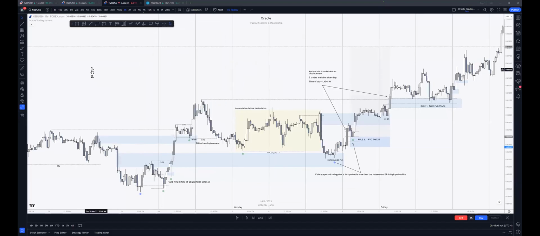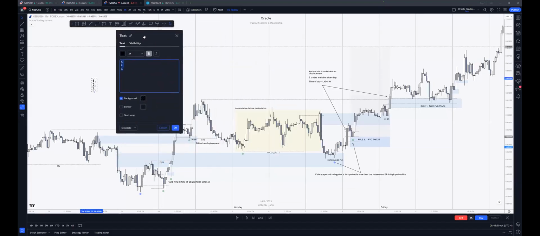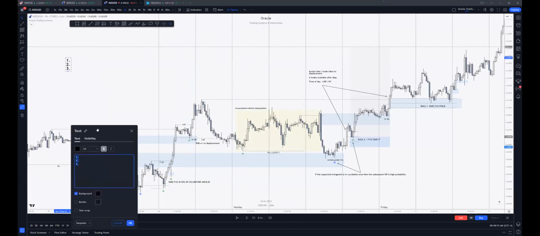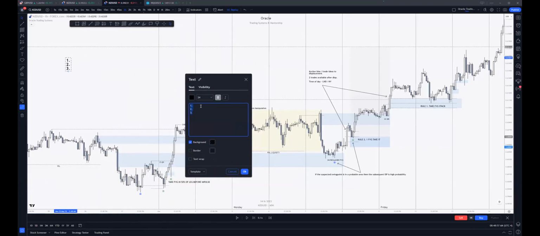But let's see here. What are the three major pillars of what we're doing here? Liquidity. Yep, liquidity. Draw and next draw. That's part of liquidity. Consequential order flow. Yeah, order flow.